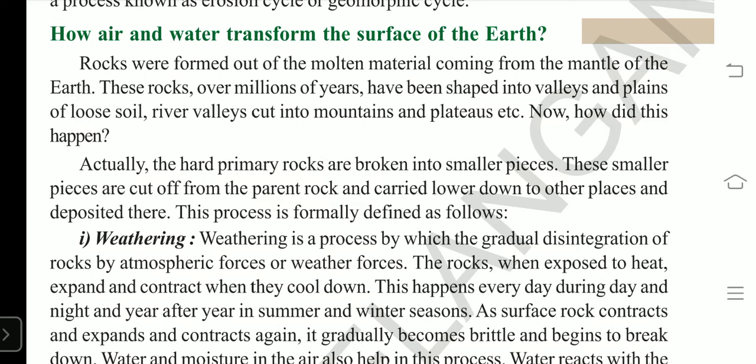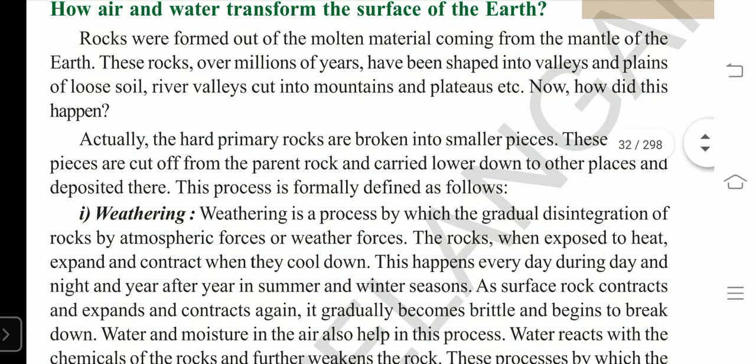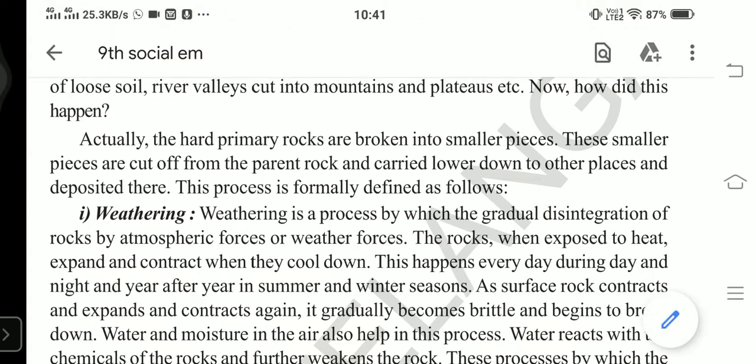Okay. So how is it that the hard primary rocks are broken into small pieces? When a rock is exposed to the sunlight, what do we see? Due to the sunlight, it becomes a heated surface and will expand, right? In winter, the temperatures will be very low, so the top layer of the rock tries to contract.